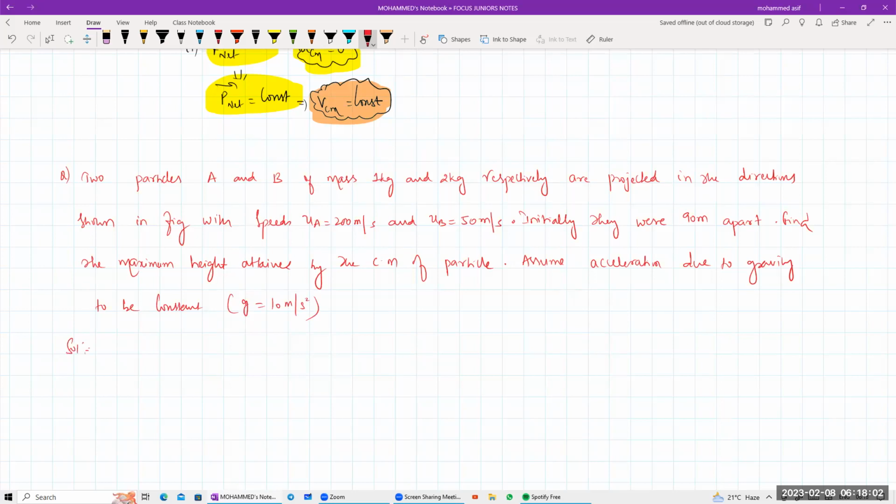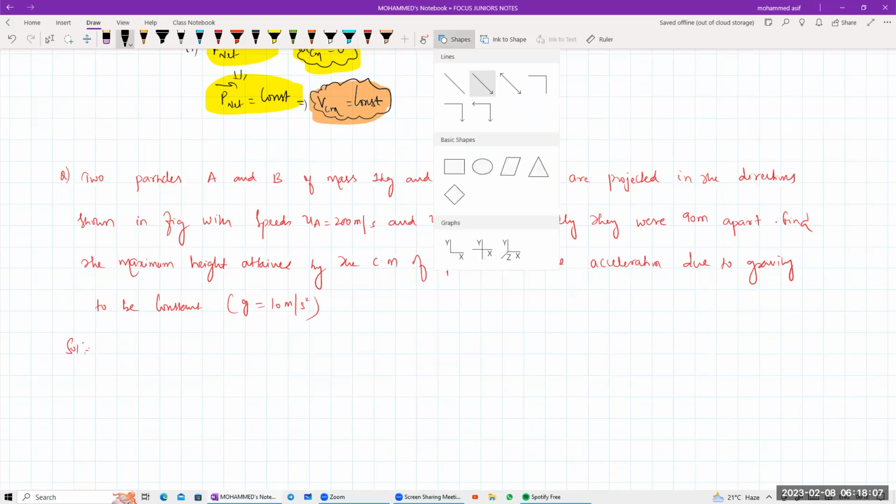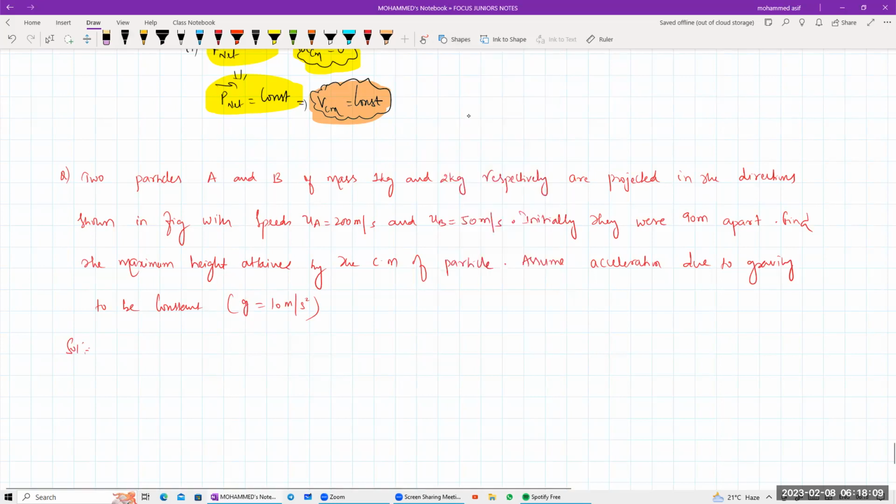Then we've got two particles here, beta, like this. Here there is one particle, and here there is one particle from ground. The distance right now is 90 meters.